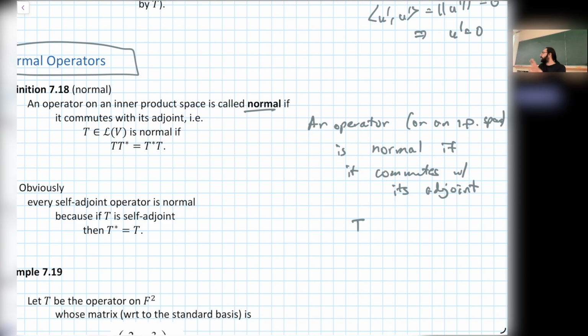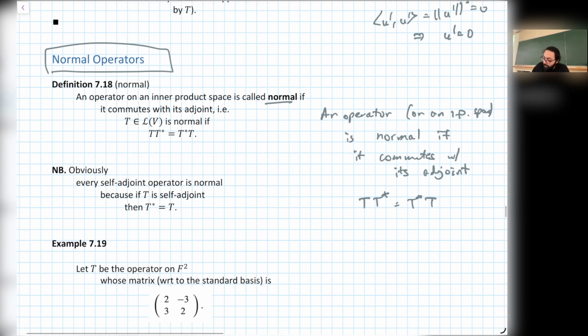You can write the multiplication in whichever order. So you have T and T star. If they commute, what would it mean? This would be equal to what? T star T. You can move them around. Is that okay? The definition fine? Making sense? Okay.